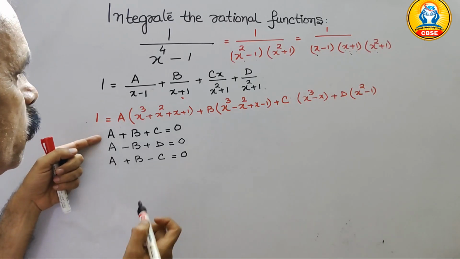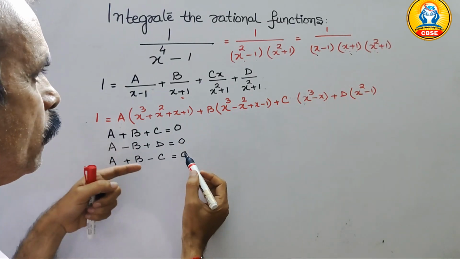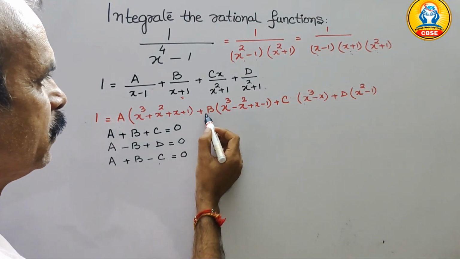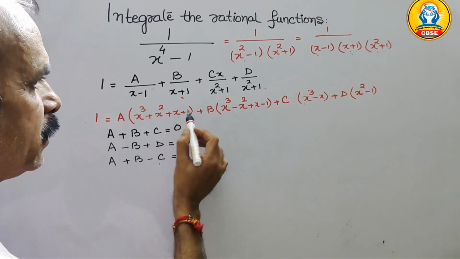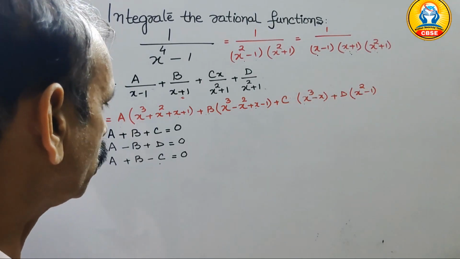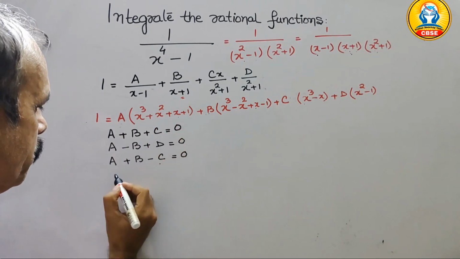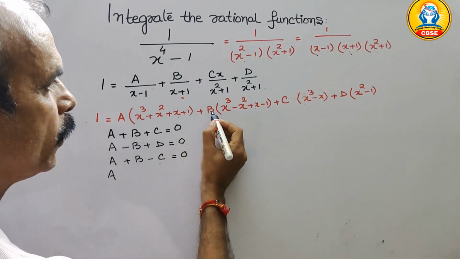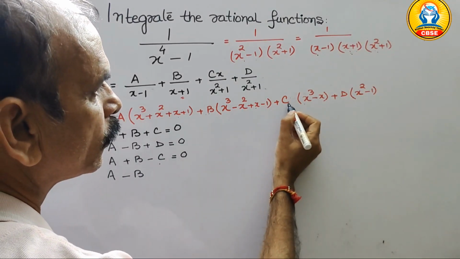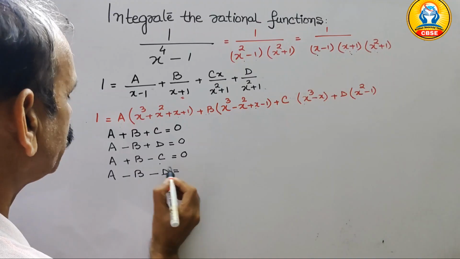Now comes your constant. So the constant is A, minus B, minus D, that is equal to 1.